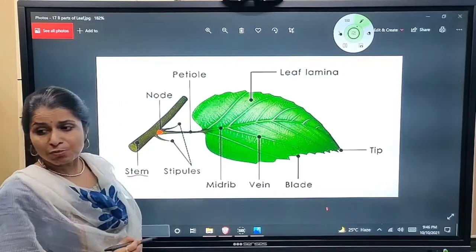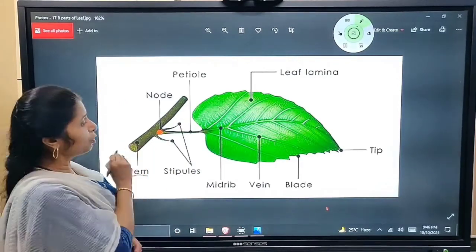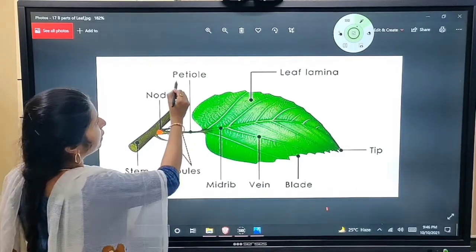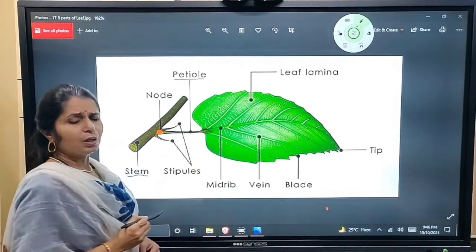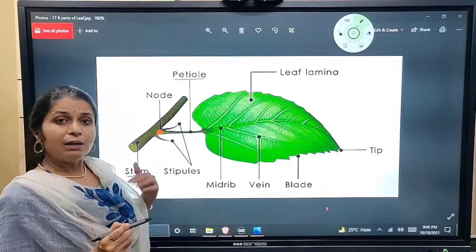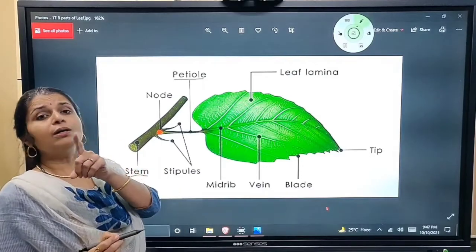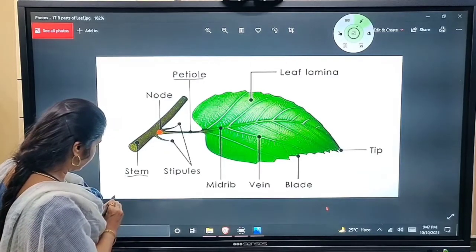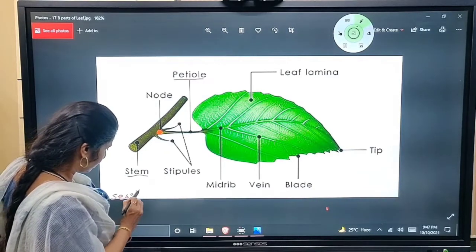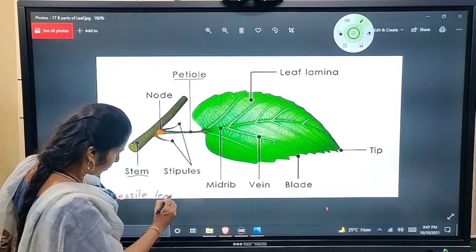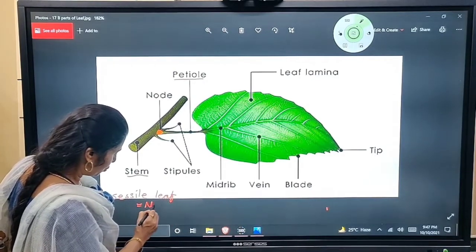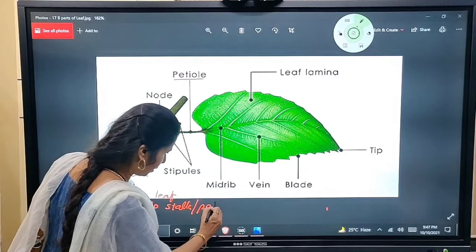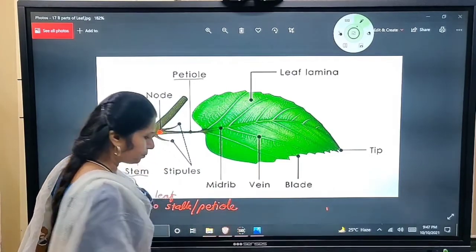Then this stalk of the leaf is called the petiole. If the petiole is absent, then the leaf is sessile. A sessile leaf is equal to no stalk.